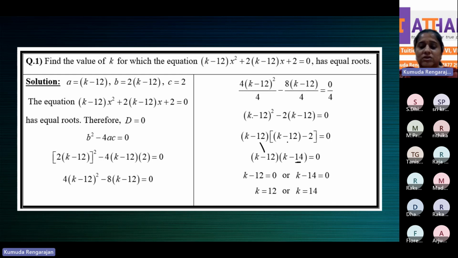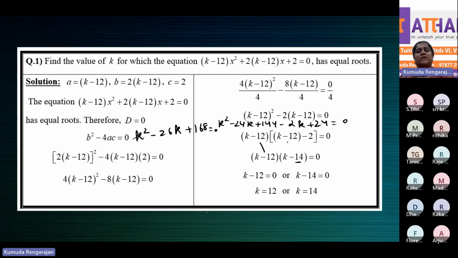If we expand this, children, you'll get k square minus 24k plus 144 minus 2k plus 24 is equal to 0. So you have a quadratic equation like this: k square minus 26k, exactly what Prajit said, plus 168 is equal to 0. Here we have to spend a little more time in figuring out the numbers with which you can split the middle term.